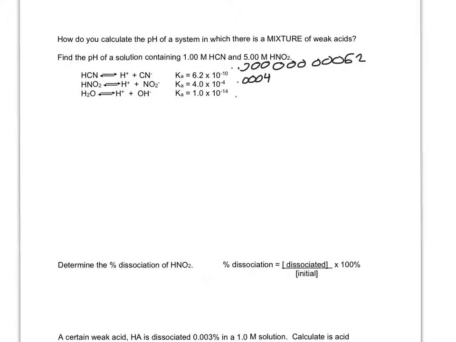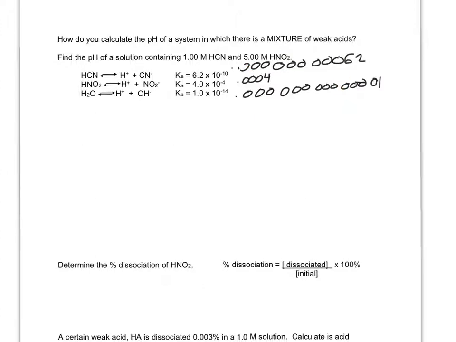This one, 0.0000000000001. Look at those numbers relative to each other. I mean, the top one and the bottom one are negligible compared to this. That's such a huge number compared to these two.